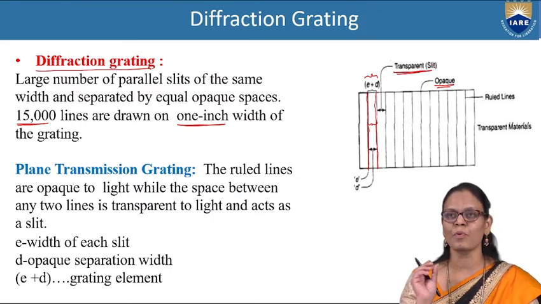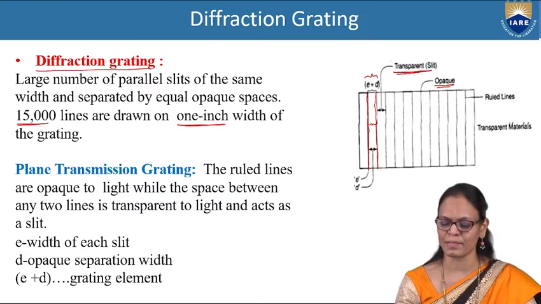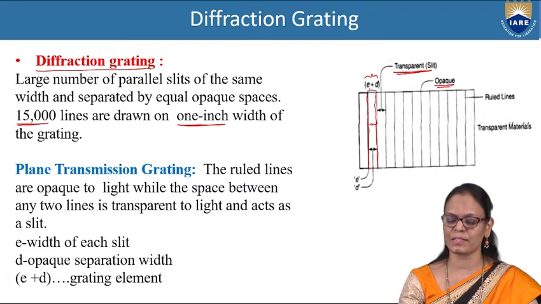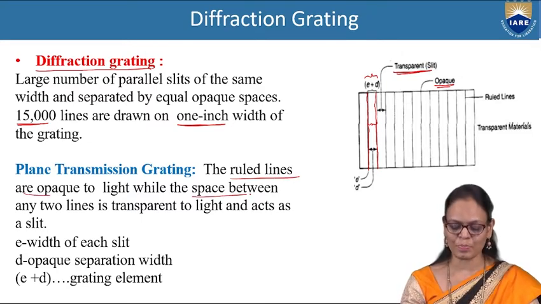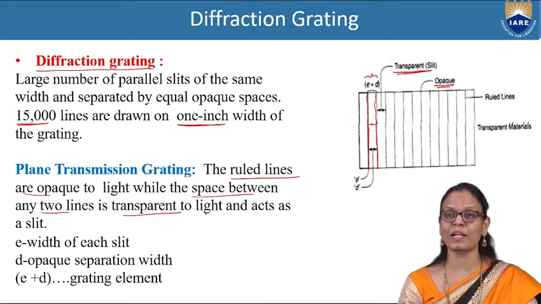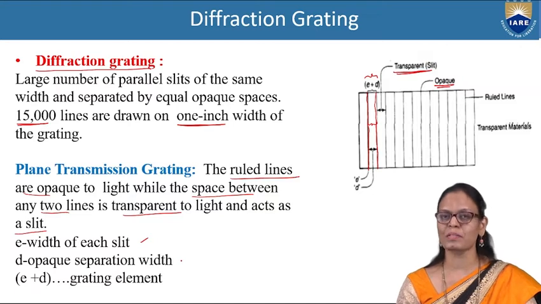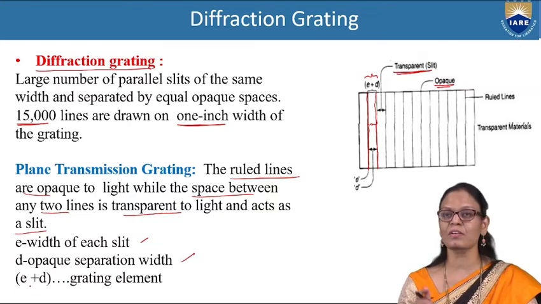Slit means here the portion through which light can pass, and the width of each slit is given by E. So what we understand here is that the ruled lines are opaque, while the space between two lines is transparent, and that will act as a slit. E is the width of each slit, D is the opaque separation. So for each grating element, we have E plus D.